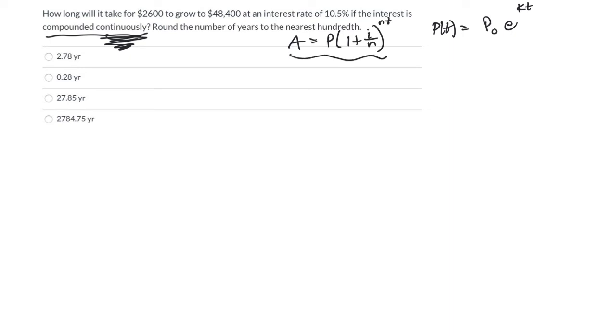This one you use if it's compounded daily or monthly or something. But if it says compounded continually, don't use that one. Use this one. So they say I'm taking 2,600 bucks and I'm growing that to 48,400, e to the k.